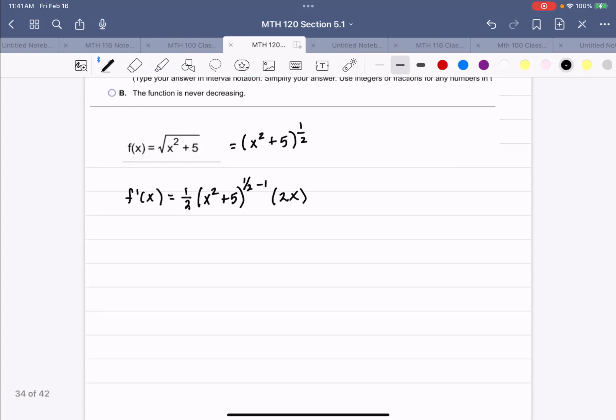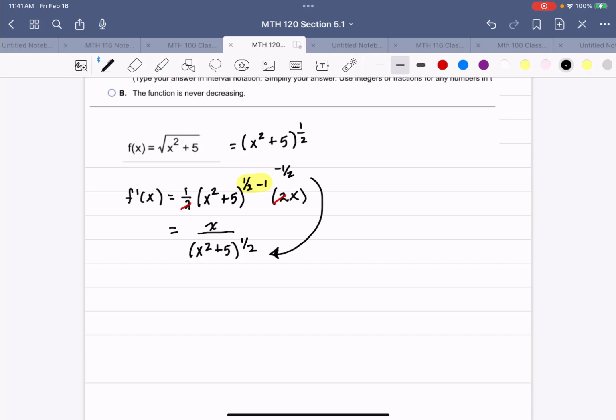So our final derivative, if we reduce the 1/2 with the 2x, is x divided by x squared plus 5 to the 1/2. That's because this becomes a negative 1/2. So that factor will go to our denominator.